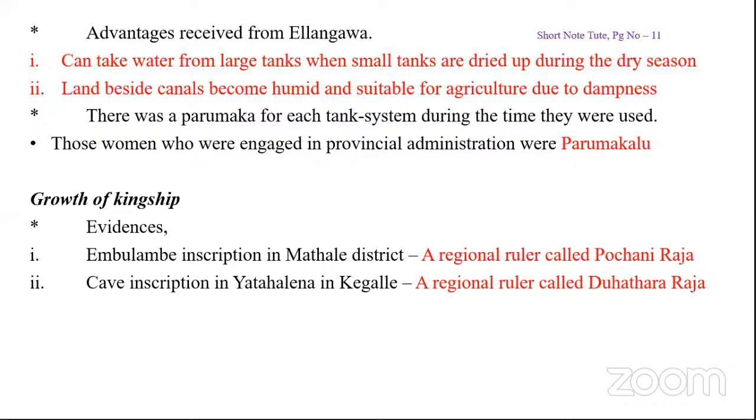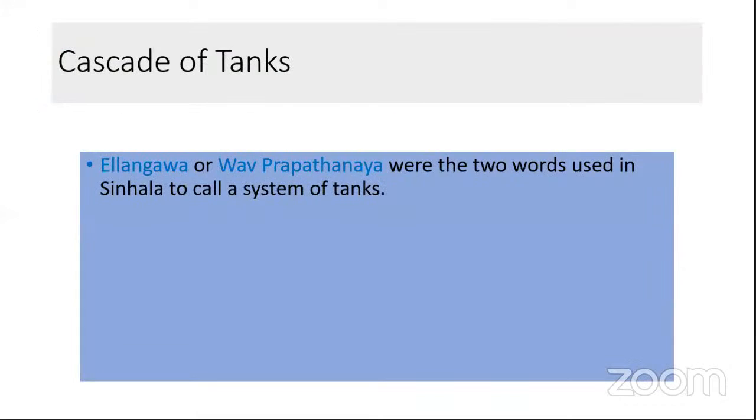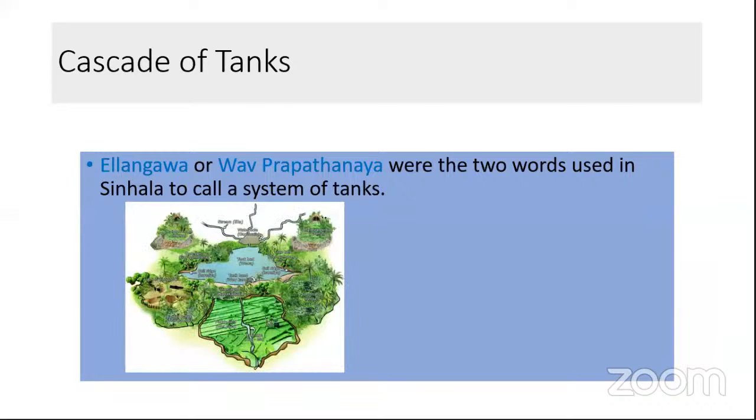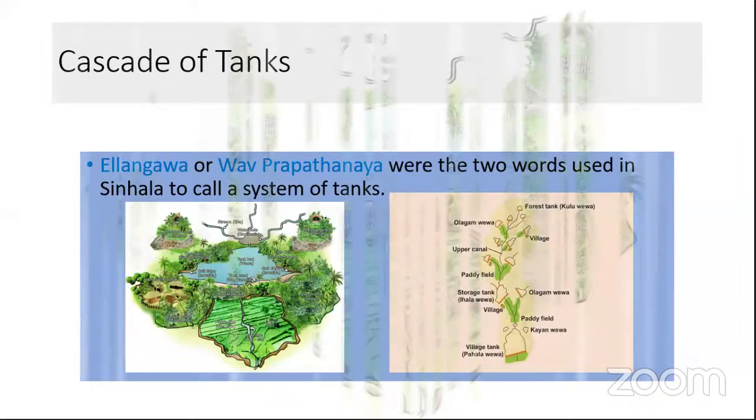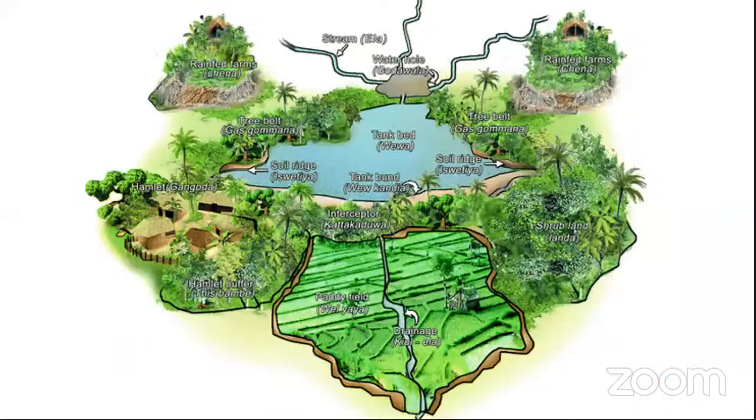Okay, I think you have finished writing this one. Cascade of tanks, Elanga, or Vav Prapatanaya, as we even call it. Now see some of the things. These are the Vav Prapatanaya, or cascade of tanks. You can see here some of the tanks were interconnected by canals.